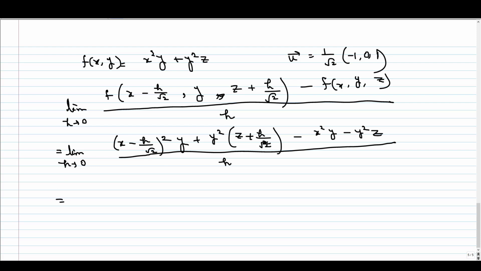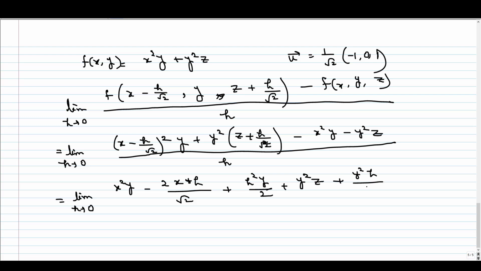So if we break this up, we get limit h tending to 0 of: x square y minus 2xyh by root 2 plus h square y by 2 plus y square z plus y square h by root 2 minus x square y minus y square z, and there is h in the denominator.